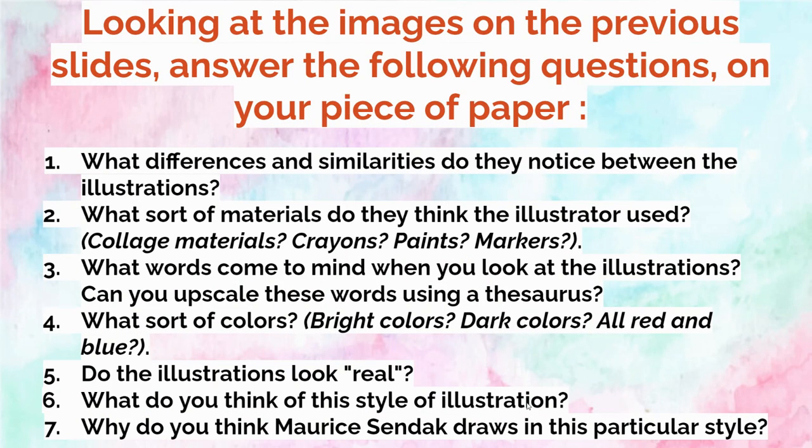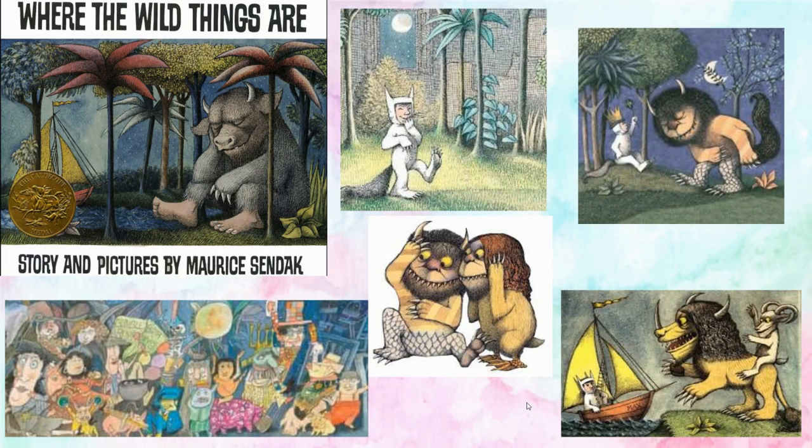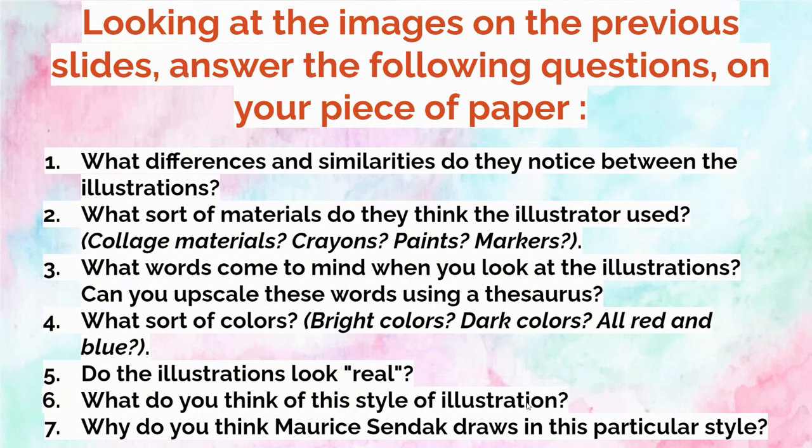So looking at the images on the previous slide, so that's this one and these here, answer the following questions on your piece of paper. You need to answer all 7 questions, ladies and gentlemen, making sure that you answer them in Year 6, up-levelled, detailed sentences. I do not want anyone just going, I think he's used brown.